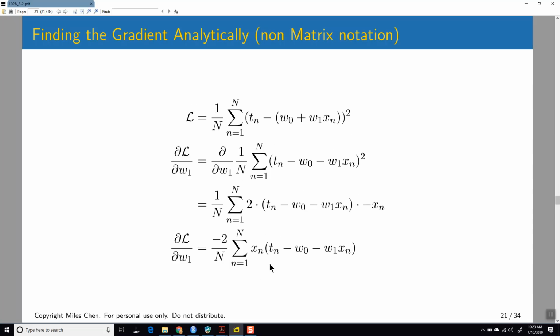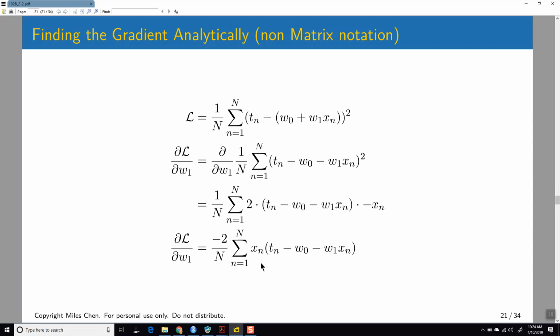They look very similar, just one has an xn term in there. Now we have the components for our gradient, where we do the partial of the loss function with respect to W0 and the partial of the loss function with respect to W1. And that's if you didn't want to use matrix notation.